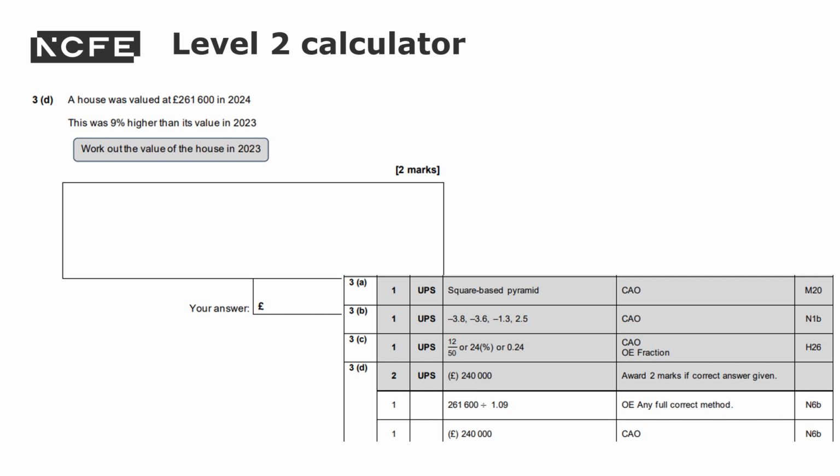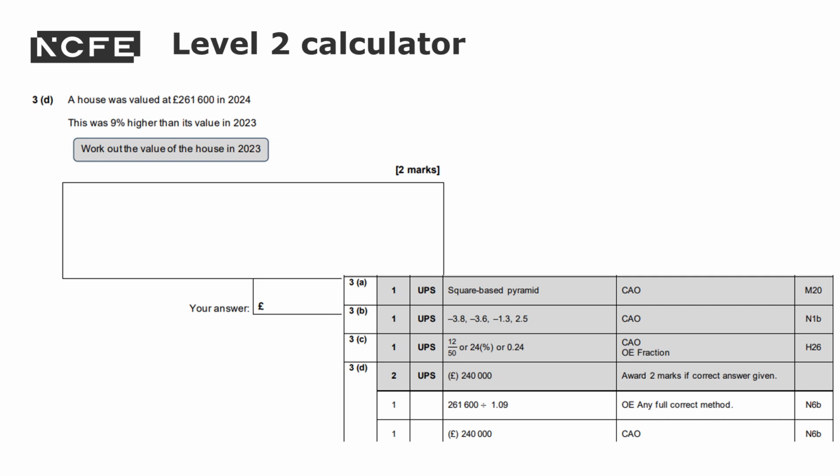So again, we've got this question, which is assessing number, calculating original value. So that's N6, original value after a percentage change. But if we did not have a context when we're looking at original value, it would actually be quite difficult to make sense of the question. So we've got a house valued at 261,600 in 2024.